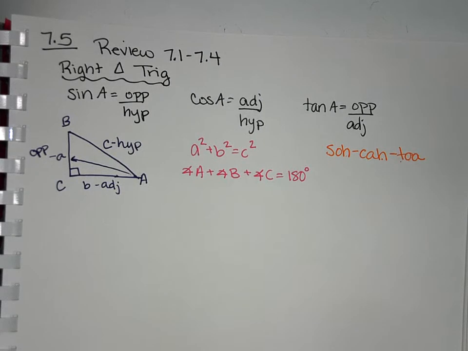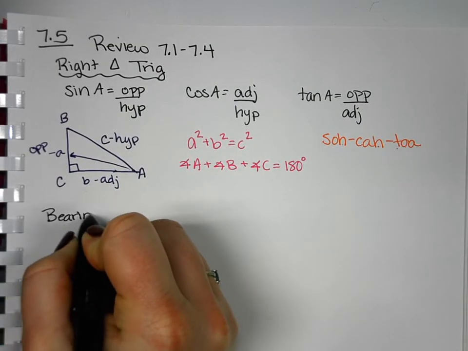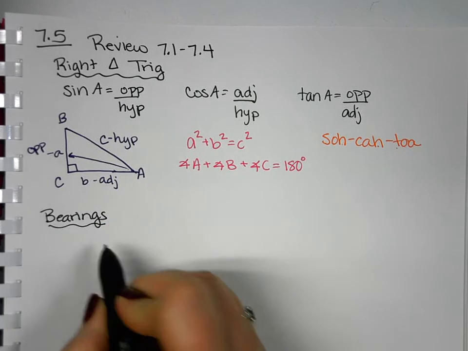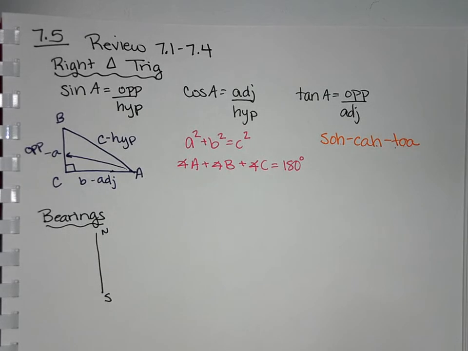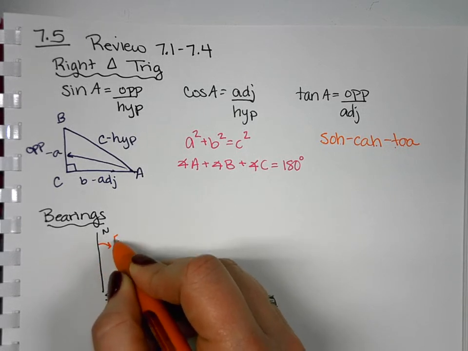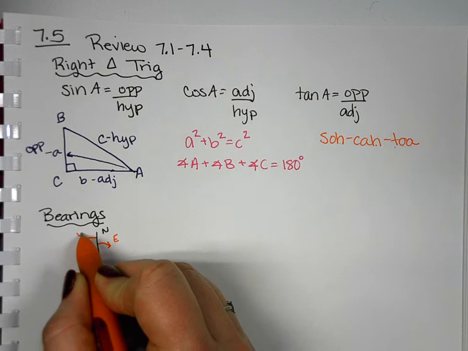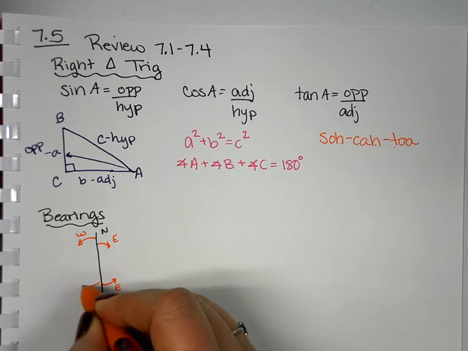And so from there we looked at angles of elevation, angles of depression, as well as bearings. So bearings are when we measure things from a vertical north-south line, and we can either go from the north side east, from the north side west a certain degree, from the south side east, or the south side west.